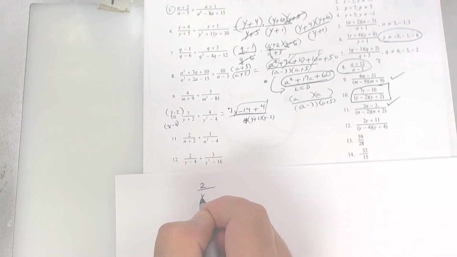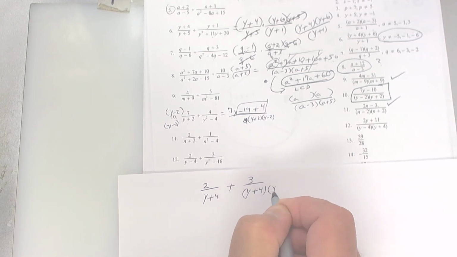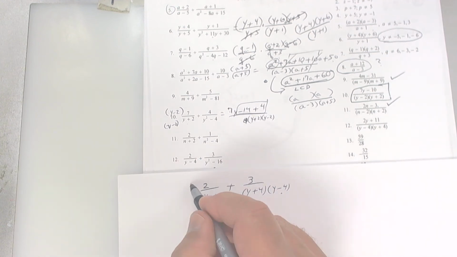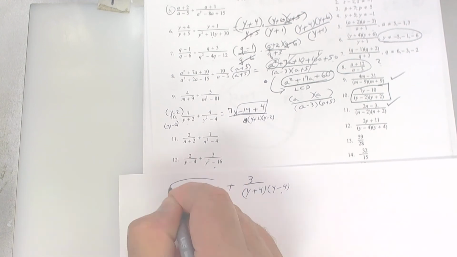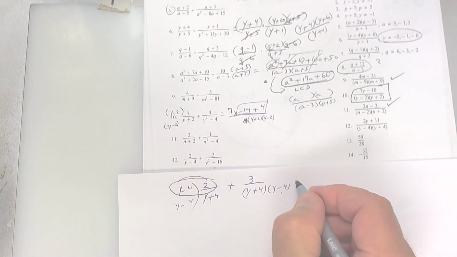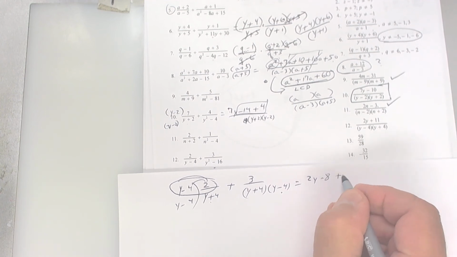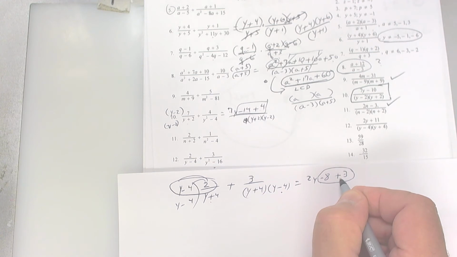Number 12 works the same way. So it's 2 over y plus 4 plus 3 over y plus 4 and y minus 4 when you factor the difference of two squares. This one right here is missing the y minus 4. So you want to multiply by y minus 4. So 2y minus 8 plus 3. So you should have 2y minus 5, and let me see what we have here.